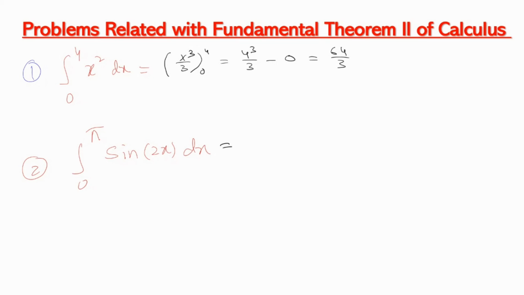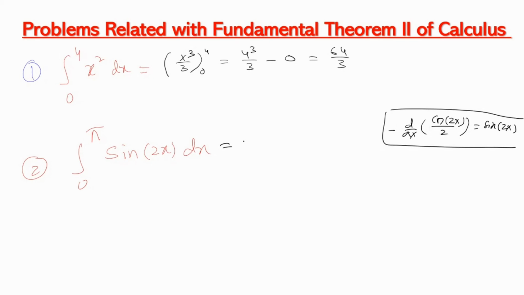Now the antiderivative of sine 2x. So we know that d/dx of minus cosine 2x over 2 is equal to sine 2x. So therefore the integration is minus cosine 2x over 2, limit is 0 to pi.